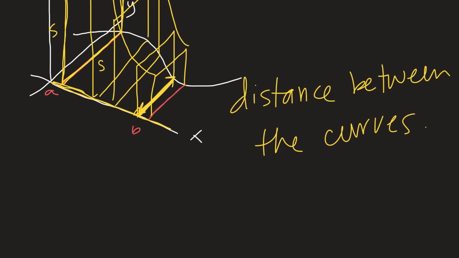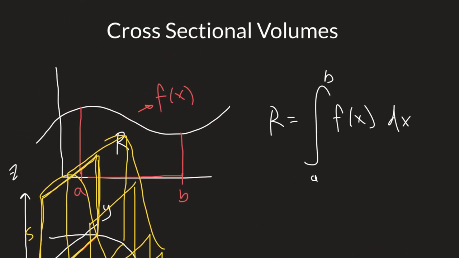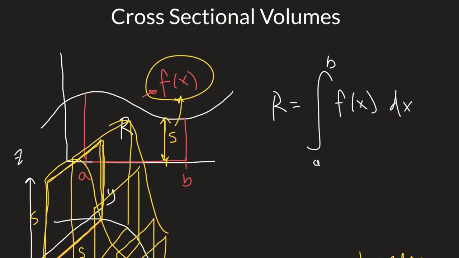So how do we find the area of one of these squares? Base times height, so s times s, or s squared. And for our function, which I called f, that's this length. The y value for any given x is given to you by f of x.